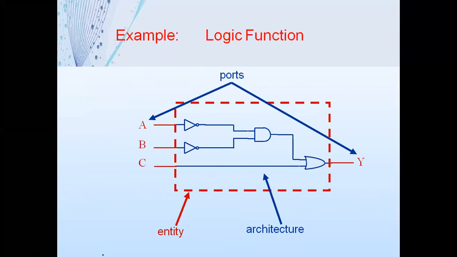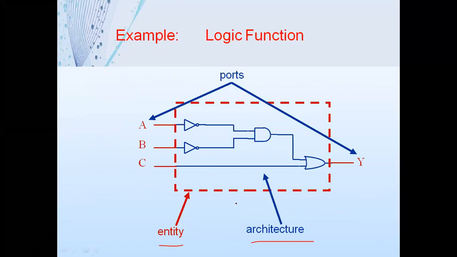And now consider an example for entity declaration. So here you can see the entity of a model, and you can see the architecture of a model. So what we can say is that the entity always describes the interfacing. It describes the input and output interfacing.